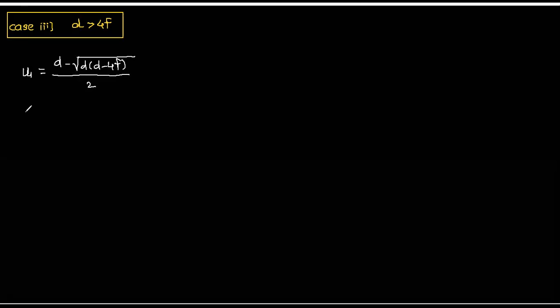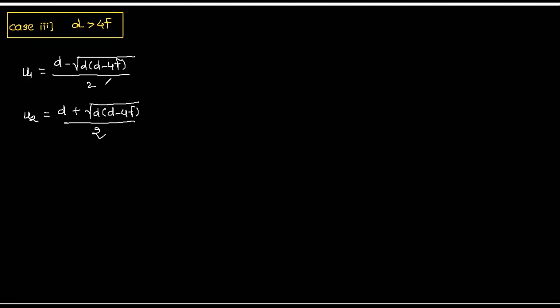The second position of the object, u2, is equal to d plus under root of d into (d minus 4f), divided by 2. These are the two positions of the object which are possible.